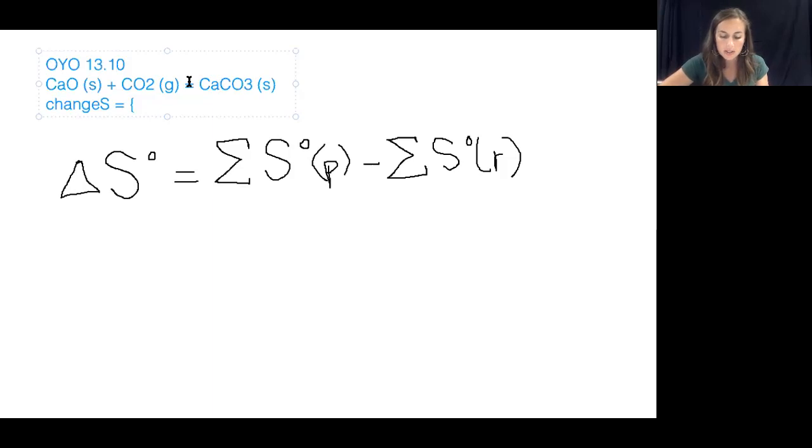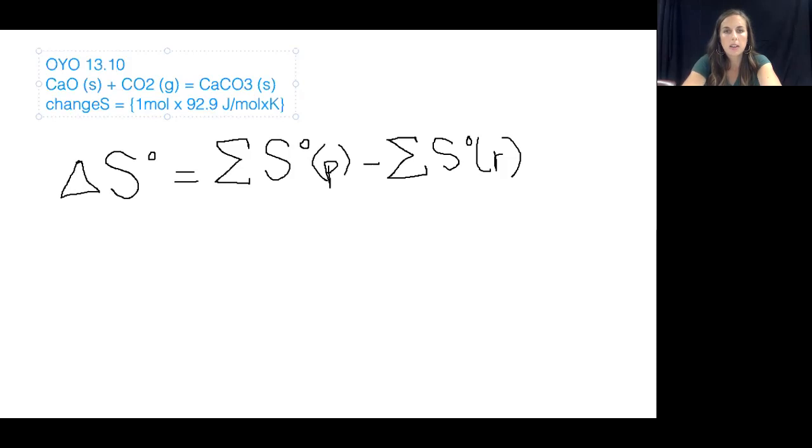That's going to be 5 columns over, and the value there is 92.9. Now, I don't have any coefficients, so technically it's just 1 mole of this. So you can write 1 mole times 92.9, and this is technically what you should do, but usually when it's 1, I just don't even write it because it's not going to change my value. And that's joules divided by moles times Kelvin.